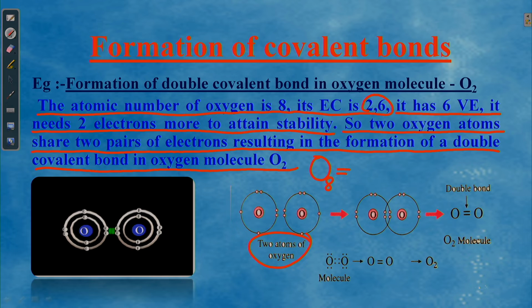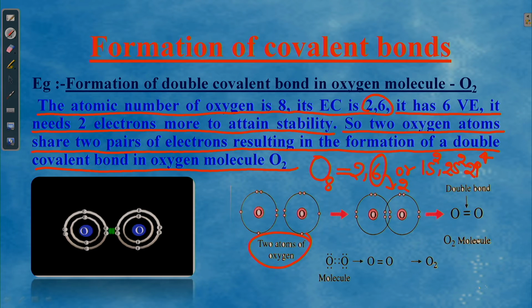So the electronic configuration is 2, 6, or we can say that the electronic configuration is 1s2, 2s2, 2p4. So they have 6 electrons in their valence shell. So for a complete octet, it wants 2 more electrons.